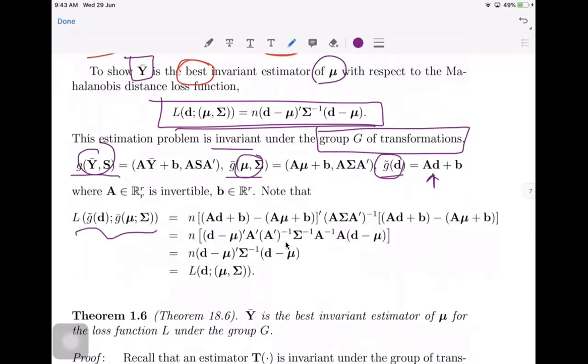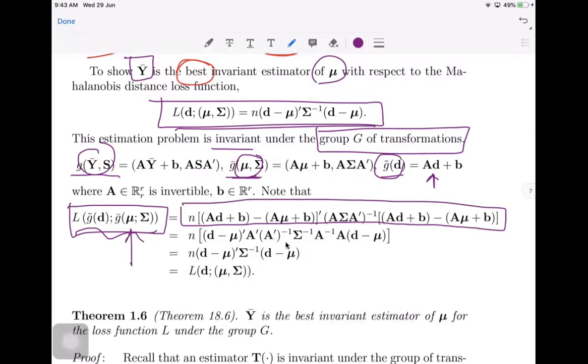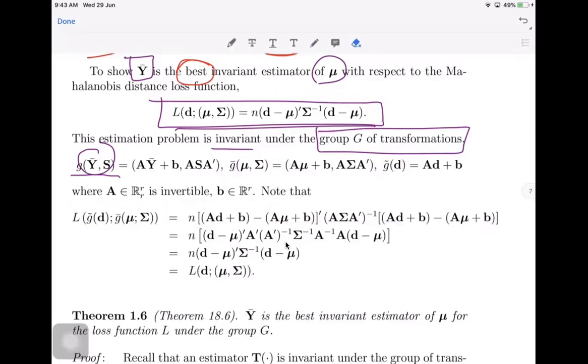So we see that the loss function associated with your estimator G tilde with respect to your parameter G bar, if you look at the transformation here under this loss function, so ang transformation niya is just ingani, no? Invariant siya, ingani lang ang transformation. Ang imong y, ang imong y bar, pre-multiplied by A plus, say, a constant.